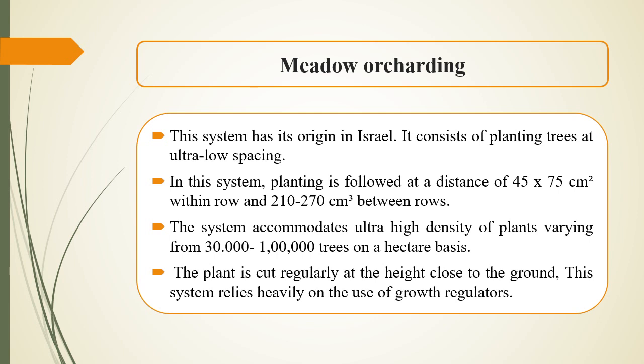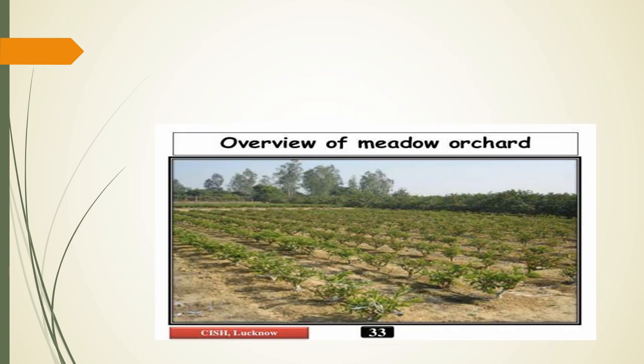This system accommodates 30,000 to 1 lakh trees on a hectare basis. The plants are cut regularly at height close to the ground. This system relies heavily on use of plant growth regulators. This is a clear overview of meadow orchard from CISH Lucknow.